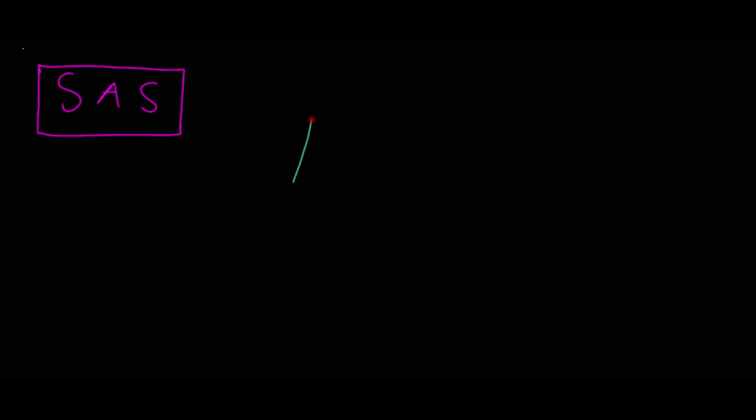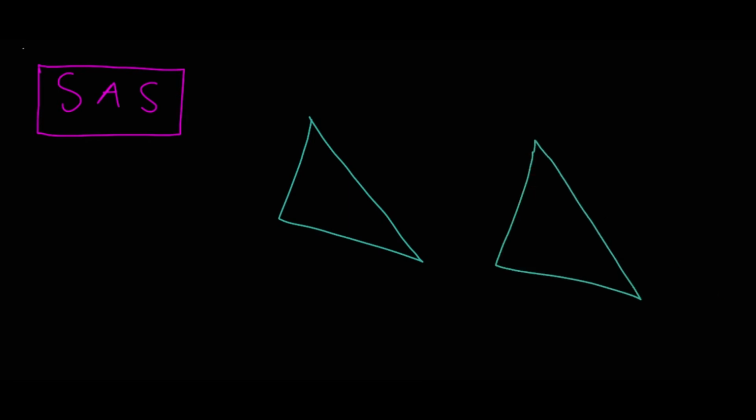Let's say, for example, this is X, Y, Z, and this is A, B, C, and this is 10 and this is 2, 10, 2, and then let's say this is 30.